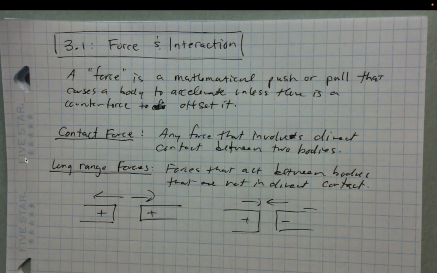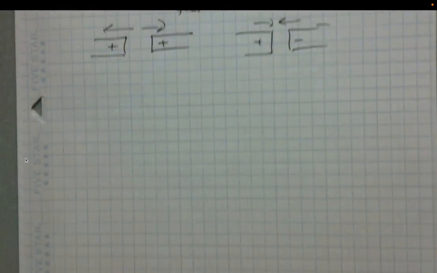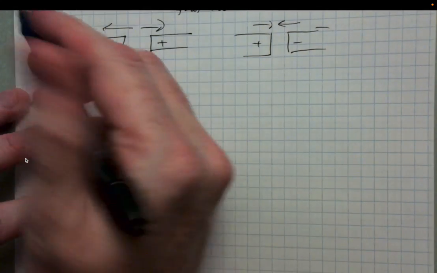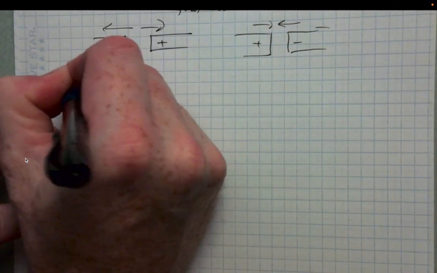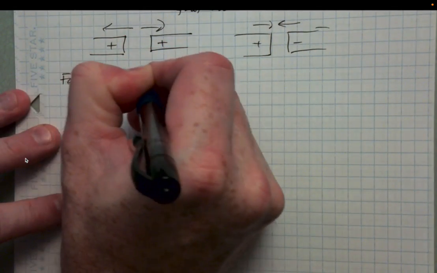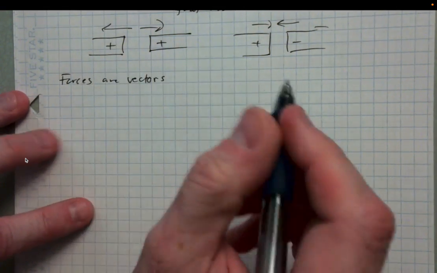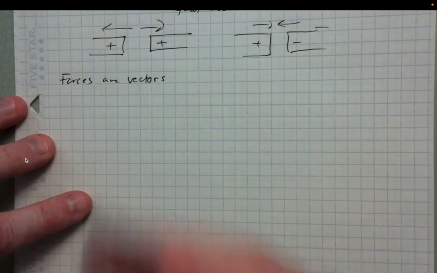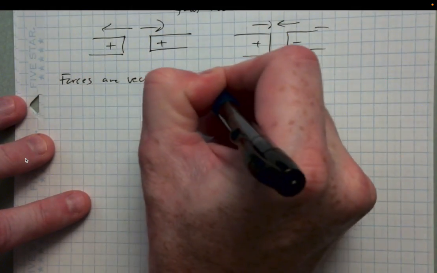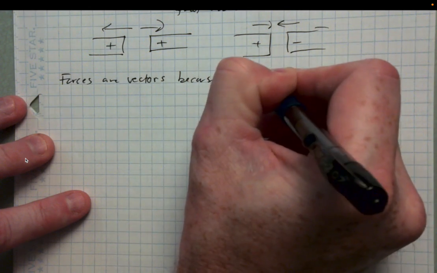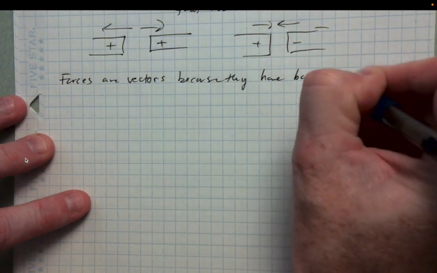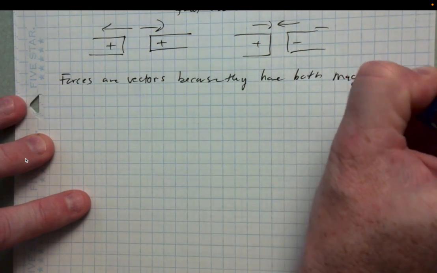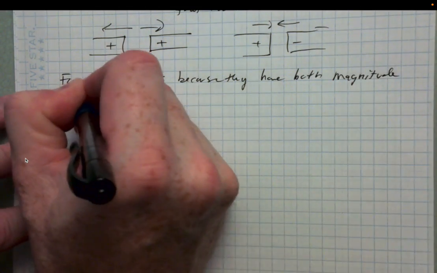All right, and we'll get into gravity in just a moment, but that'll be our first foray into the major forces. Now, mathematically, we think of forces as vectors. And why are they vectors? Well, they're vectors because they have both magnitude and direction.